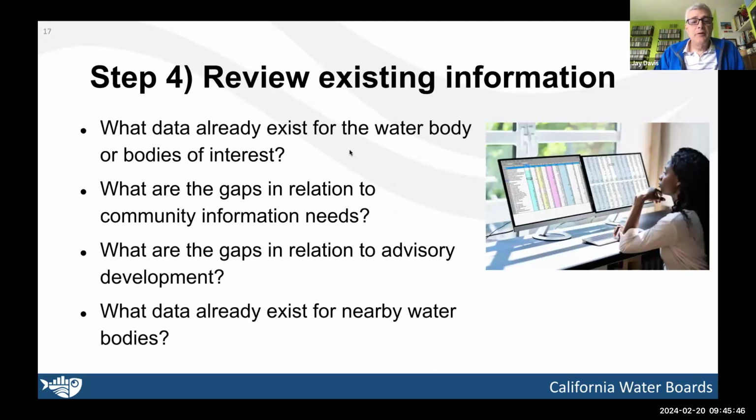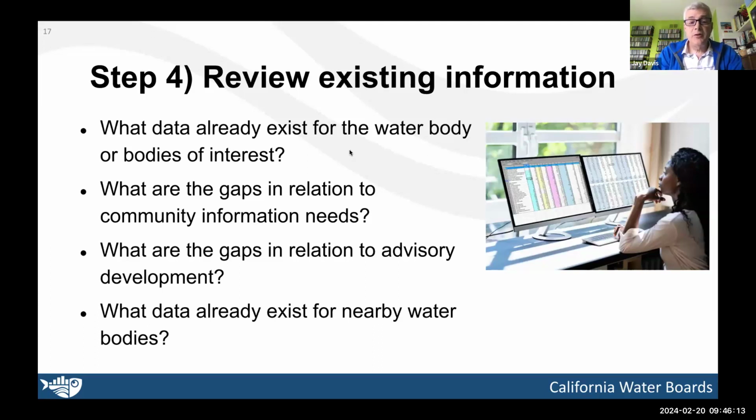We'll go into that in a little bit, but there are potentially other sources of data that don't make it into the statewide data set. Maybe there's local data, but it's important to find all the data that exists, so that you can make the best use of the funds or the resources that you do have.